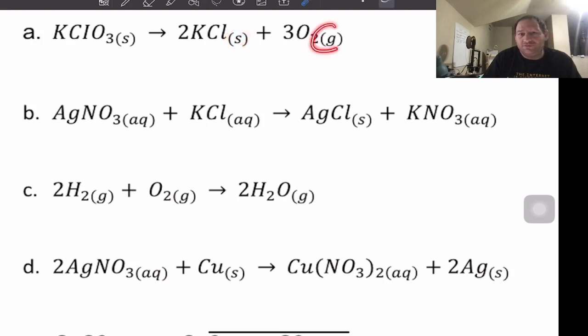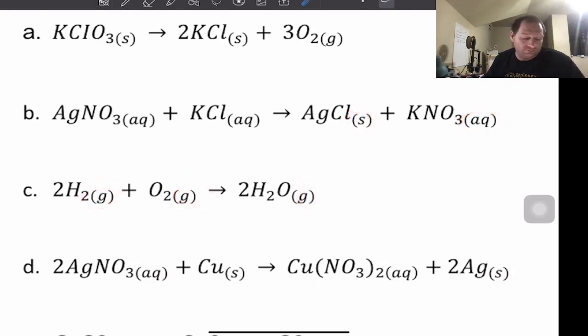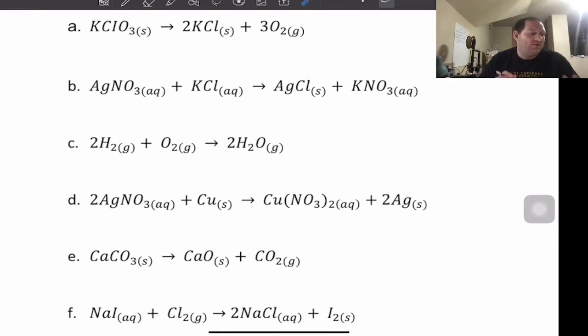G's for gas. AQ's for aqueous or liquid, like agua. Just don't worry about those right now. You're not going to balance this one. I just want you to determine if it's single replacement, double replacement, synthesis, or decomposition.